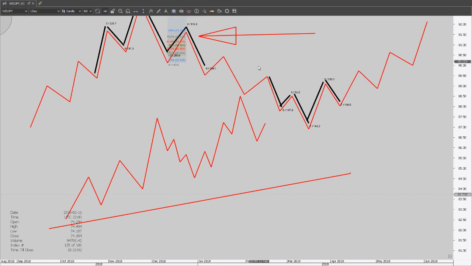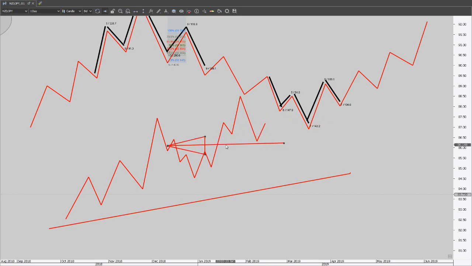So remember, this is the crown, right? Or here, see, we have two lows and two highs, but we are still in an uptrend.